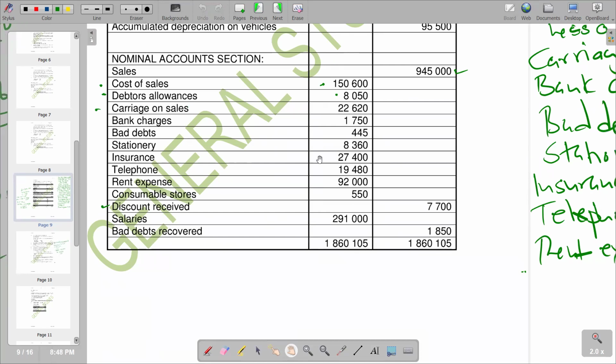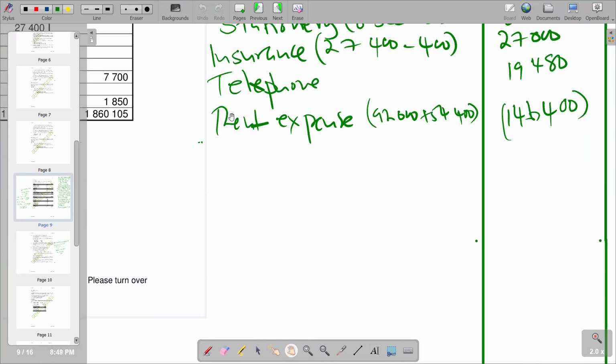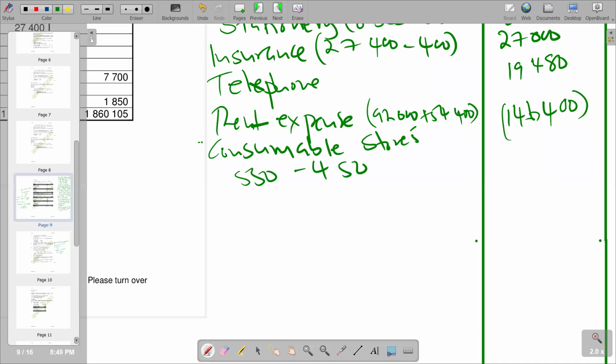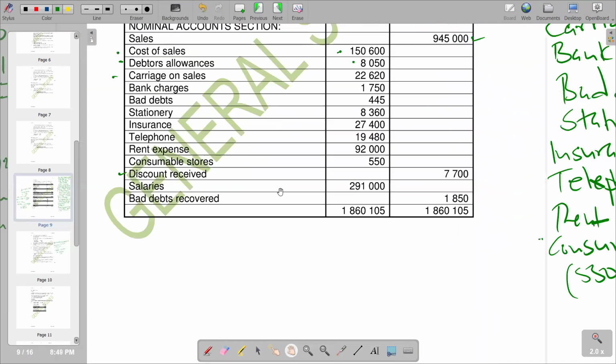So here we are saying consumable stores. Remember, you're saying 550 minus 450, and then you're going to get your 100. So this is what we have.